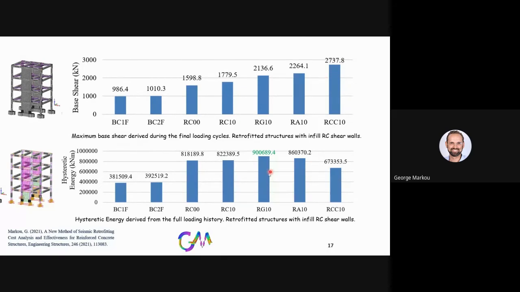And in the hysteretic energy, we found that the model which foresees the use of glass fiber embedded rebars is the one that derived the highest hysteretic energy. This is attributed to the fact that the glass fiber embedded rebars have the lowest Young modulus, therefore they are more flexible compared to the aramid and the carbon fiber ones.